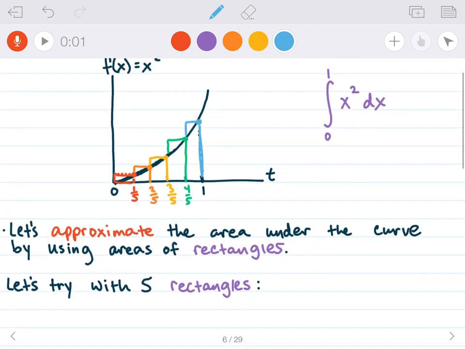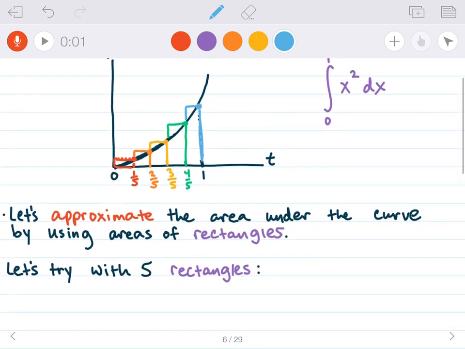For our red rectangle, we have a fifth, that's the width, times the height, which is f of a fifth. And we just do the same thing that we did before. For orange, it's the same width, but this time our height is f of 2/5.